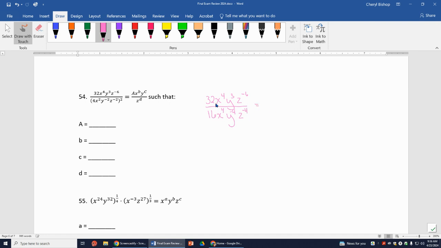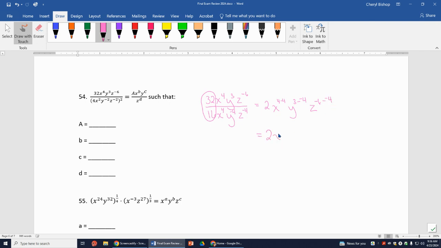Now, we take our coefficients and we divide them. That's going to be 2. And then we take our degrees and we subtract them. So that's going to be x to the 4 minus 4, y to the 3 minus a negative 4, and z to the negative 6 minus a negative 4.